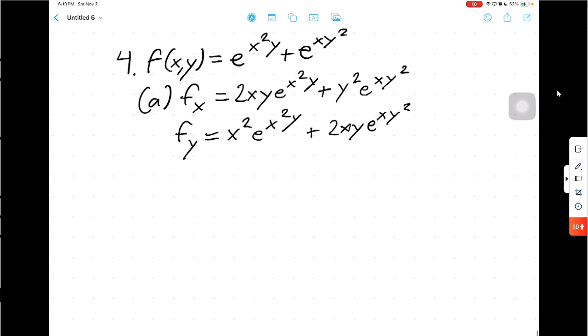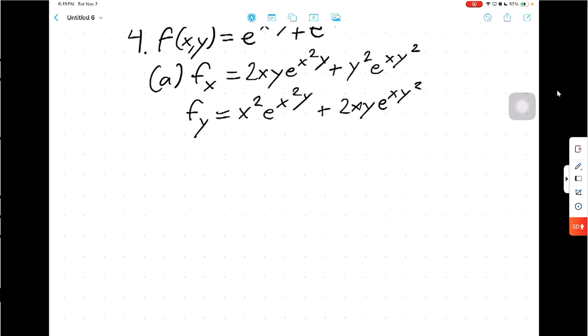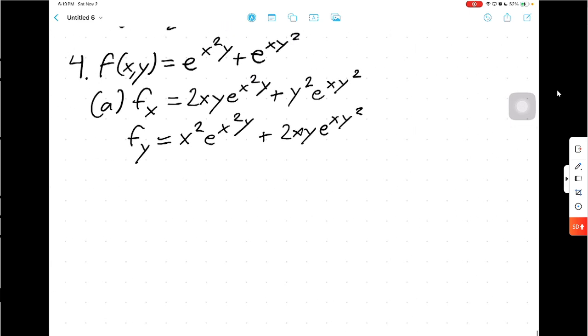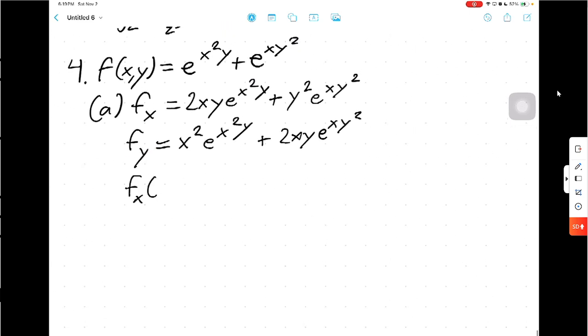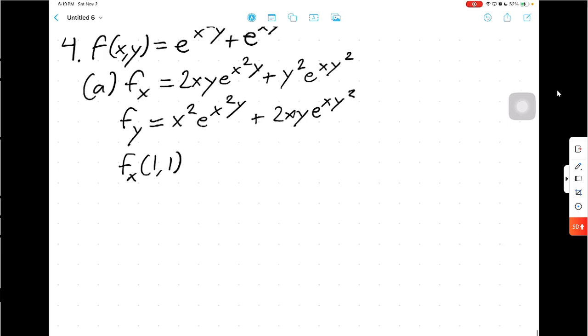Now, we just have to calculate these at the point 1, 1. 1 times 1, e, and then this is just e to the 1, plus 1e to the 1. This is just 2e plus e, which is 3e.